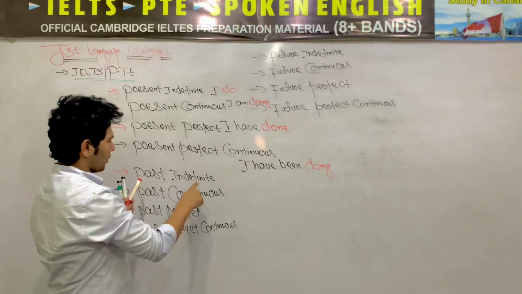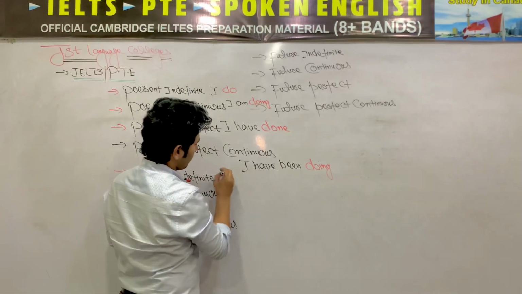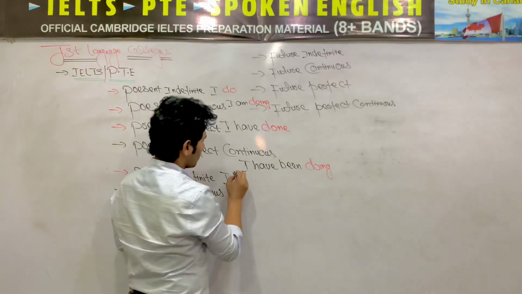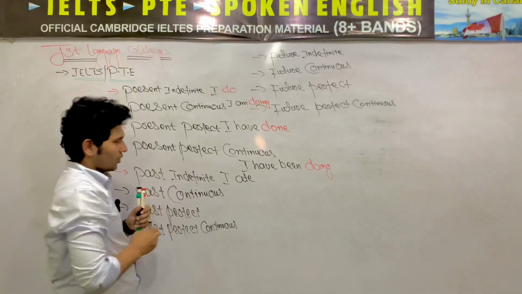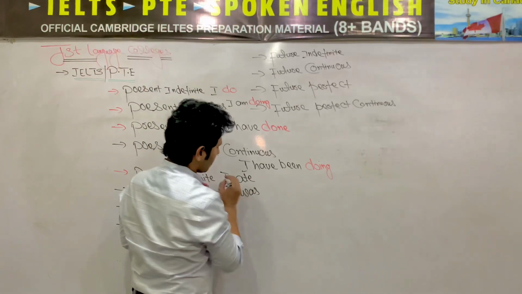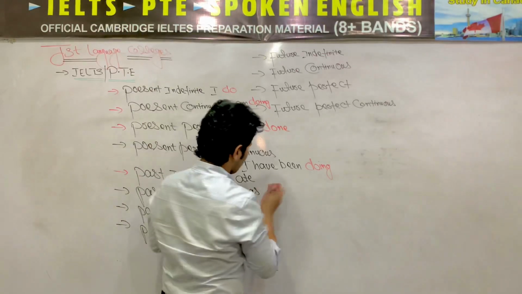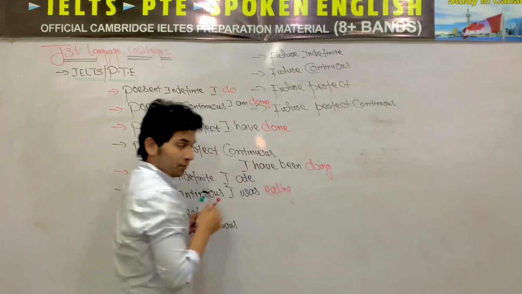Now we will talk about past indefinite. We will use the second form: I ate. Then I was eating, with the present participle.